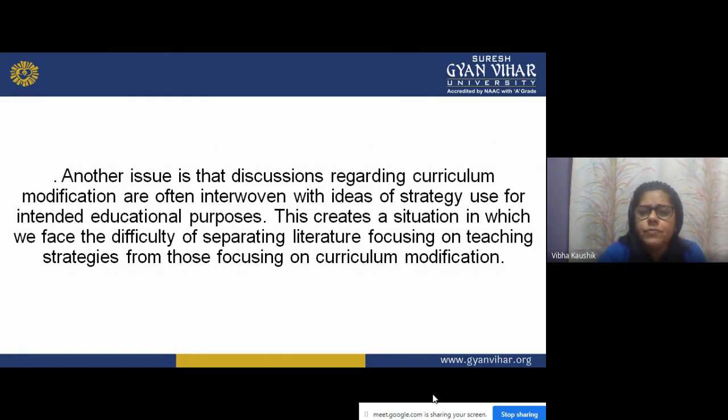This creates a situation in which we face difficulty separating literature focusing on teaching strategies, the strategies that can be used by the teacher for teaching a particular concept, from literature focusing on curriculum modification and how changes have been made.